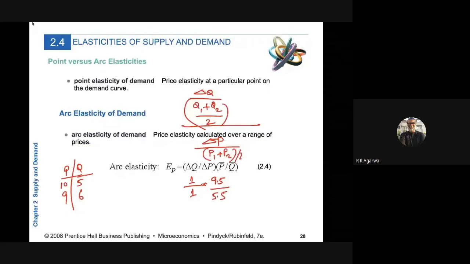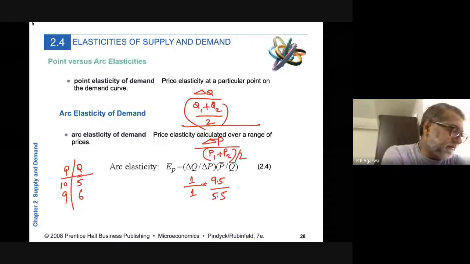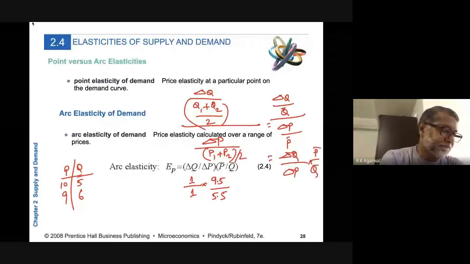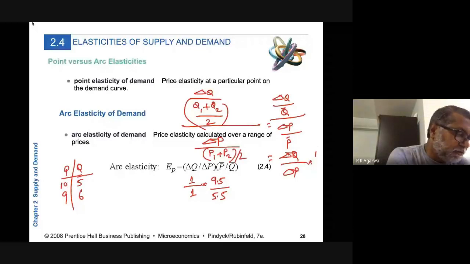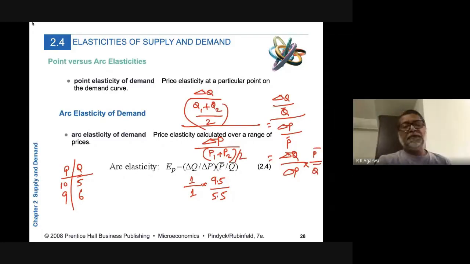So this is the arc elasticity. This can be simplified as (delta Q by Q bar) divided by (delta P by P bar). So this is delta Q by delta P into P bar by Q bar. This is how we have simplified the calculation of arc elasticity.